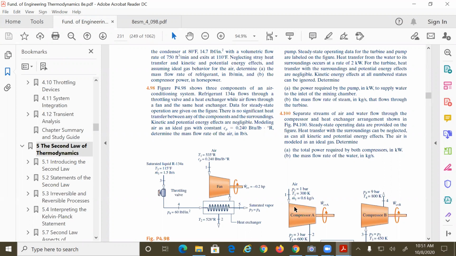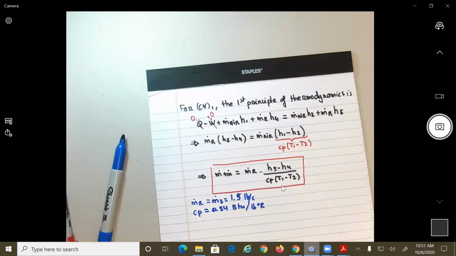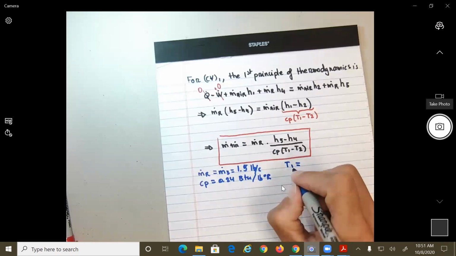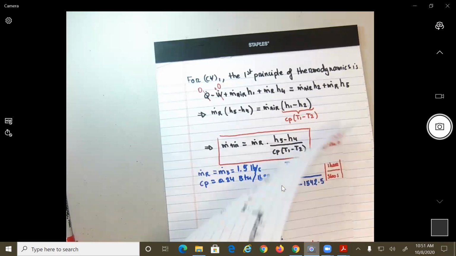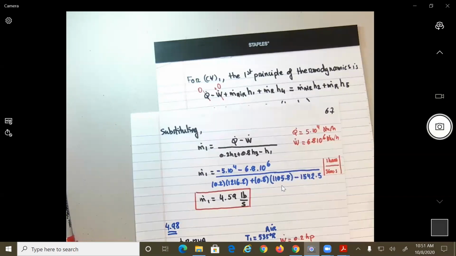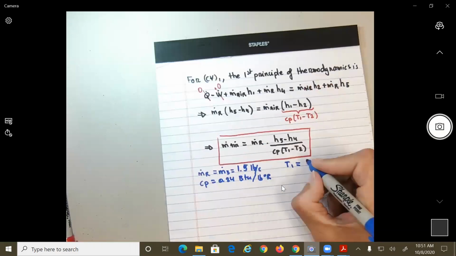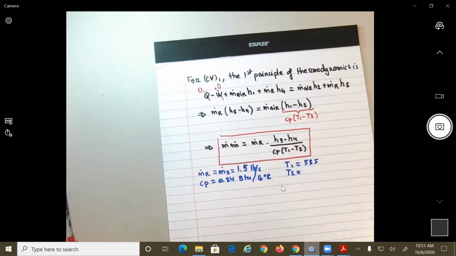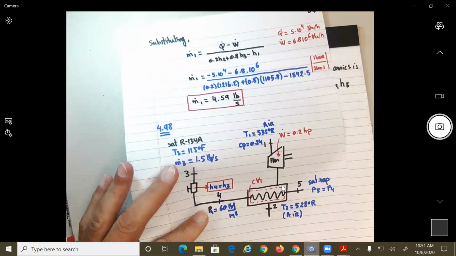All right. Okay. Do we know T1? T1 is given to be 535. T2 is 528.